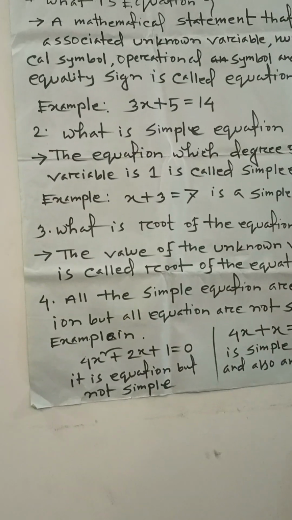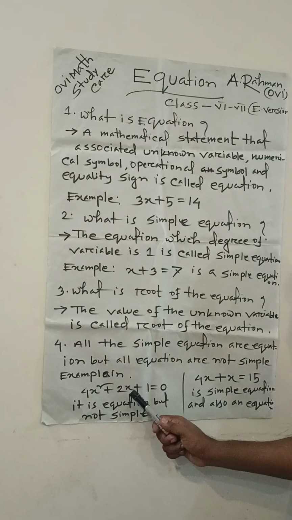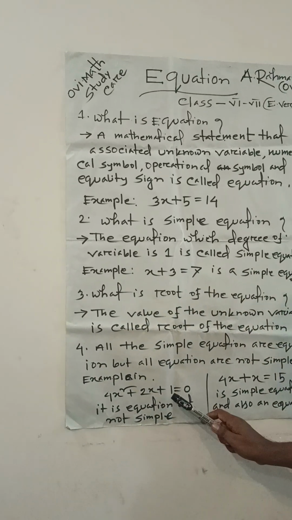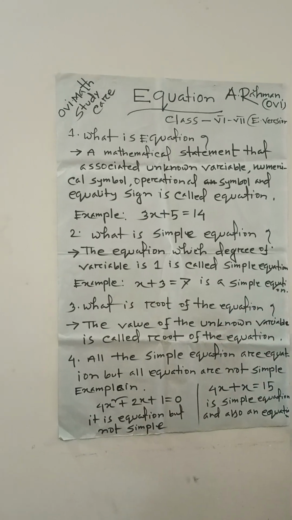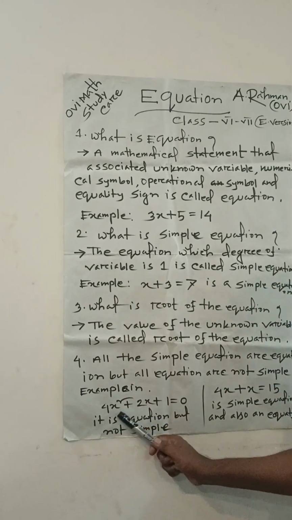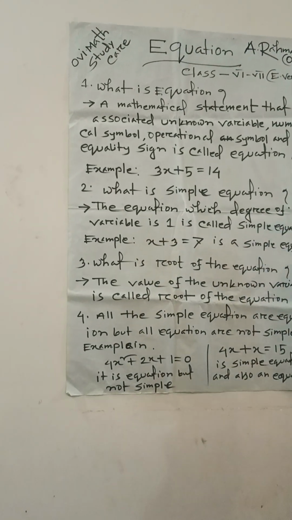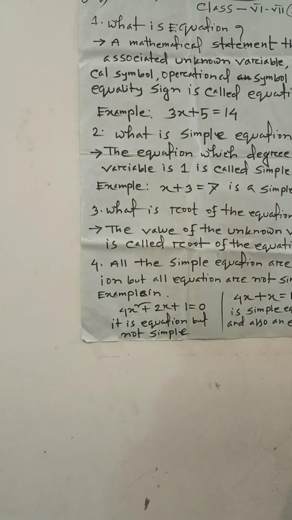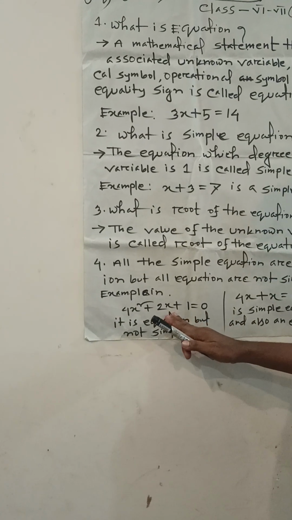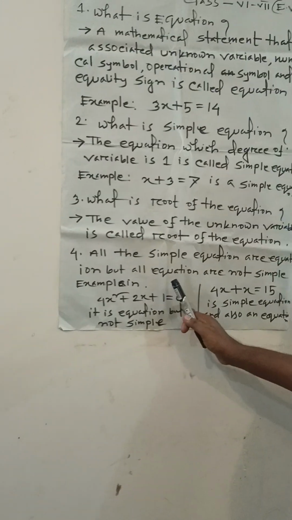No. Why can we not call it a simple equation? Because degree of variable is more than 1. That's why 4x square plus twice x plus 1 equal to 0 is not a simple equation.